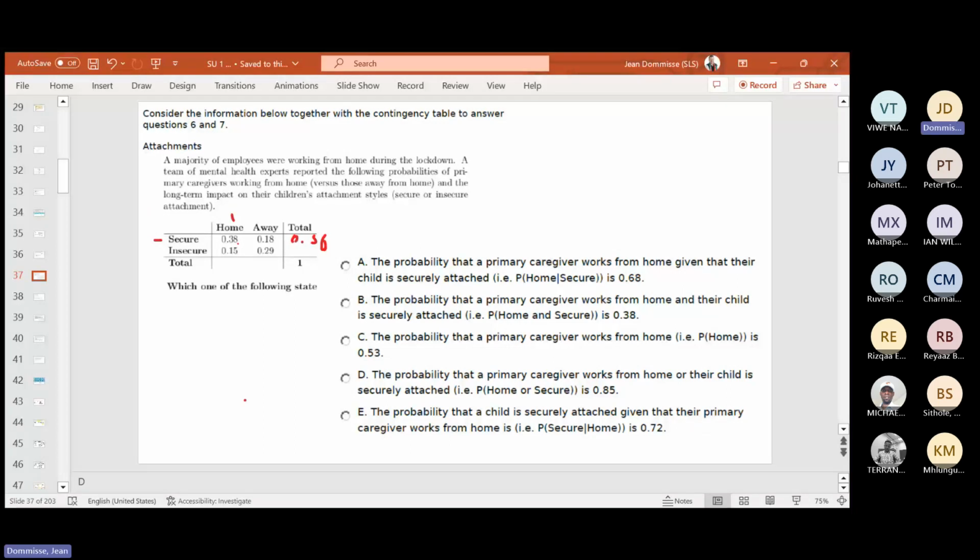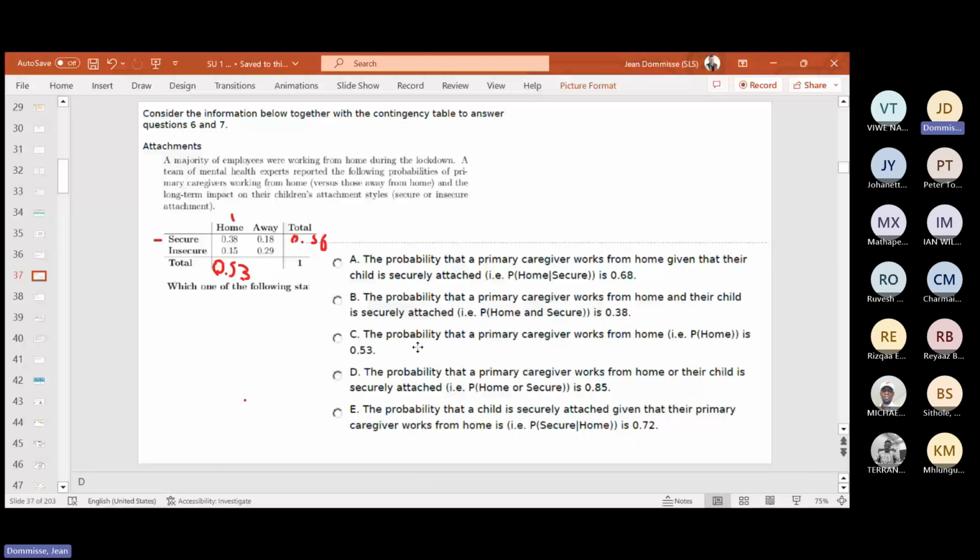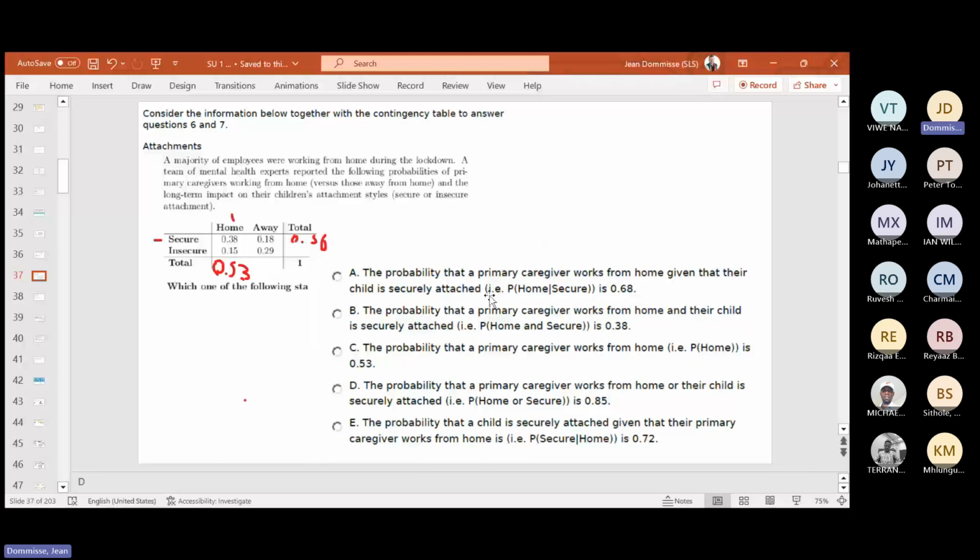It's that 0.53. So please check for me if I added correctly. Okay, and they ask us which of the following statements is incorrect. So we're looking for the incorrect one.